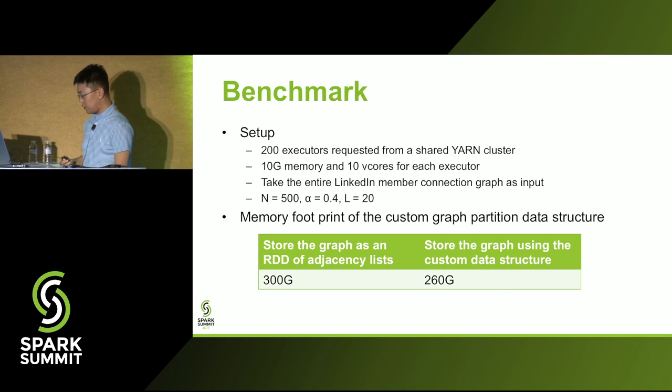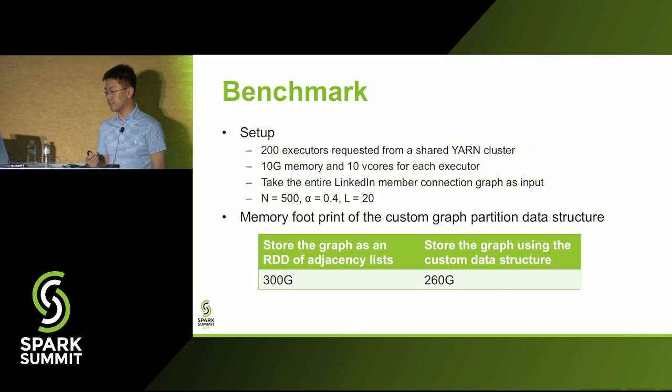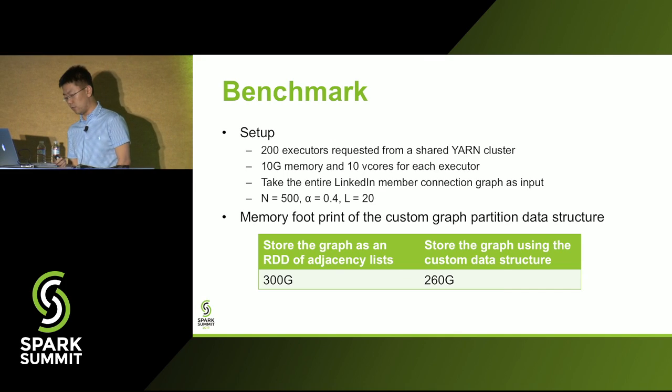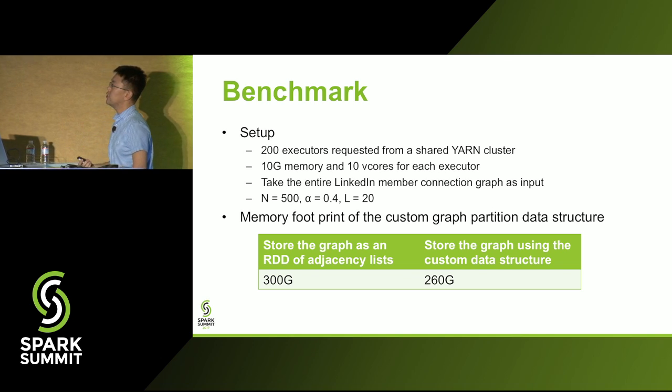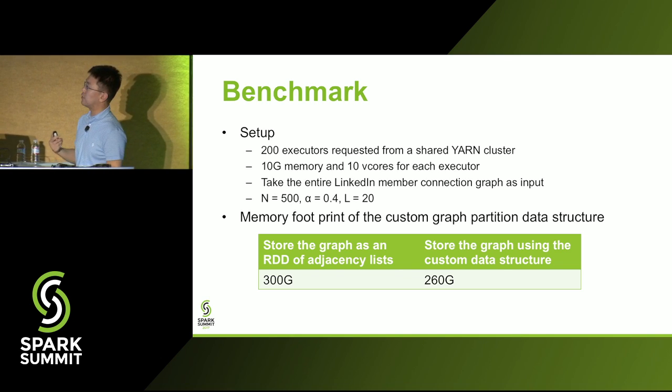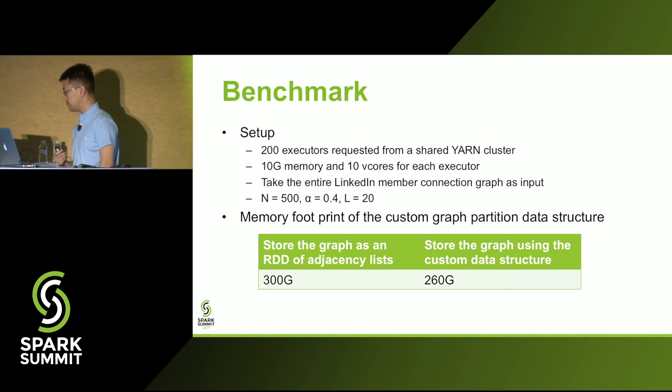We further studied the characteristics of this algorithm implementation with the following set of benchmarks. The setup of this benchmark involves 200 executors launched on a Spark on Yarn setup, where each individual Spark executor has 10 gigabytes of memory as well as 10 vCores.